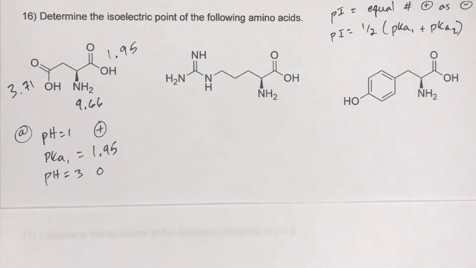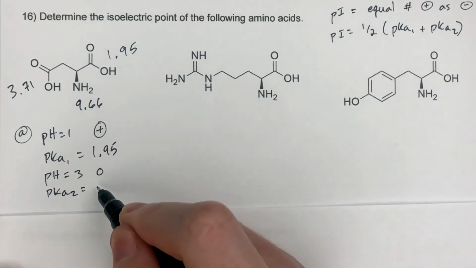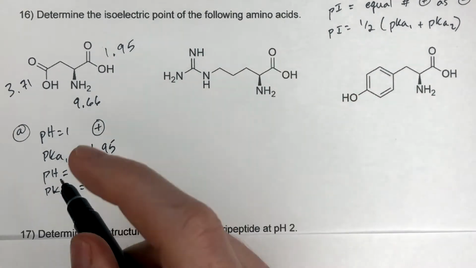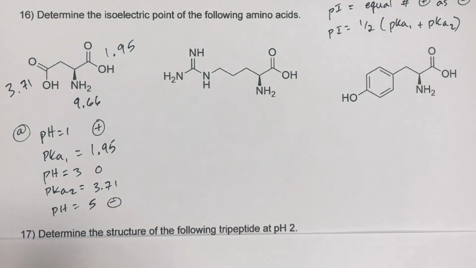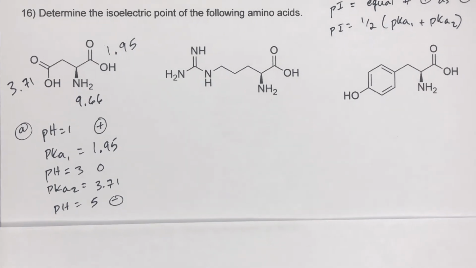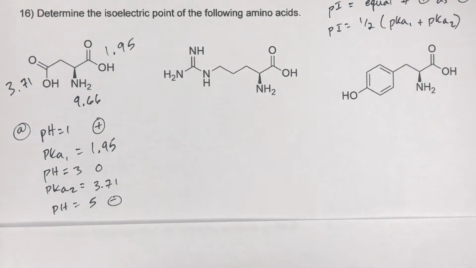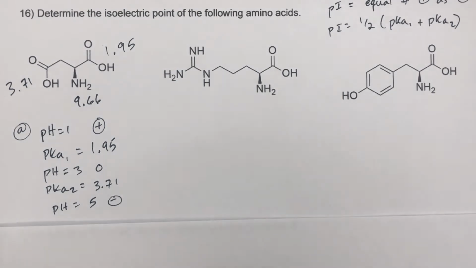Okay, now at a pH above 3.71, so a pH like 5, we're going to get a negative charge because we're going to deprotonate the hydrogen on that oxygen and give a resulting negative charge, which is why this is pKa2 now. If we deprotonate further past the nitrogen, we're going to have a total of a 2- charge, which is not any of our conditions, right? We're going to have an excess of negative charges and not get the isoelectric point.